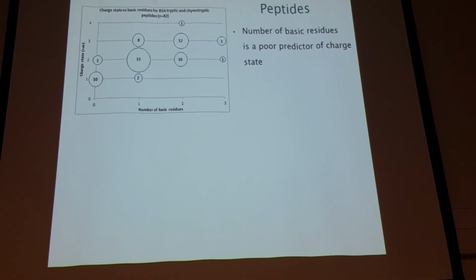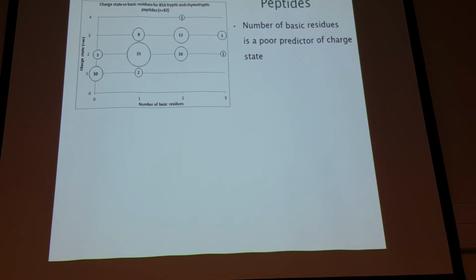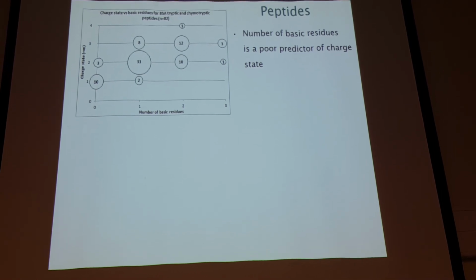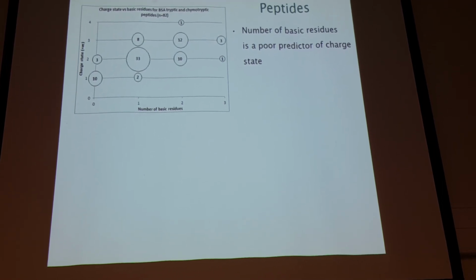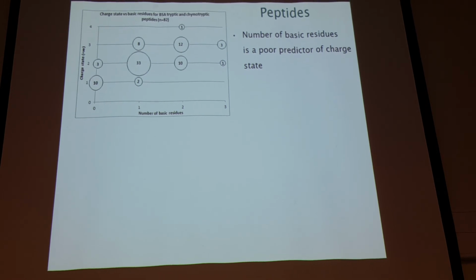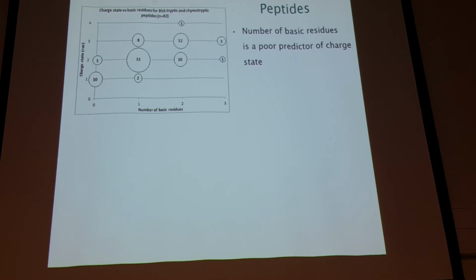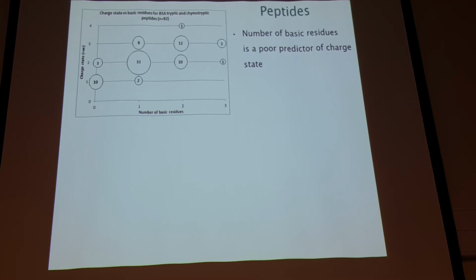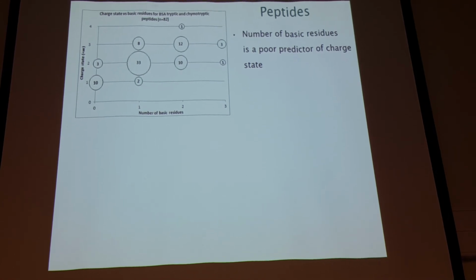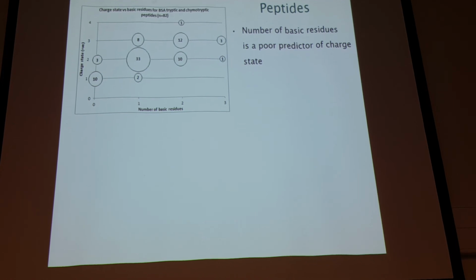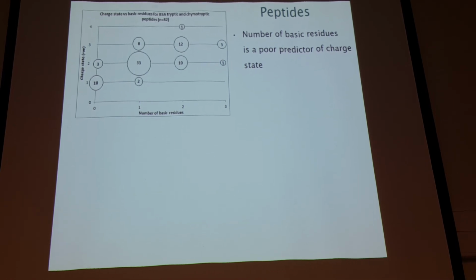People will tell you, if they do MS/MS of bottom-up mass spec, they will tell you that if your protein is a basic protein, it will ionize more readily in positive ion mode. I don't know why people say this, because they've not done the experiment.